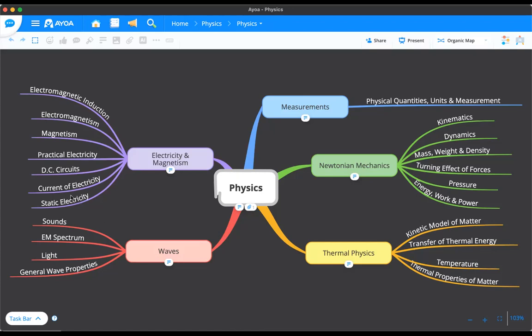Then we talk about electrons that don't move, which is static electricity. Then charges that move become current, and because of current we can form circuits. Then we talk about practical electricity, and magnetism in the last two lessons.